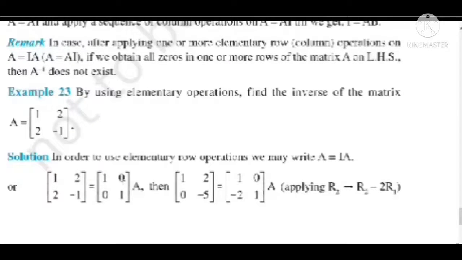Similarly, in the second matrix, you multiply the first row by 2 and get 2 comma 0. Now you subtract from the second row: 0 minus 2 you will get minus 2, and 1 minus 0 you will get 1. So this is the row transformation. We are changing the second row in both the matrices.